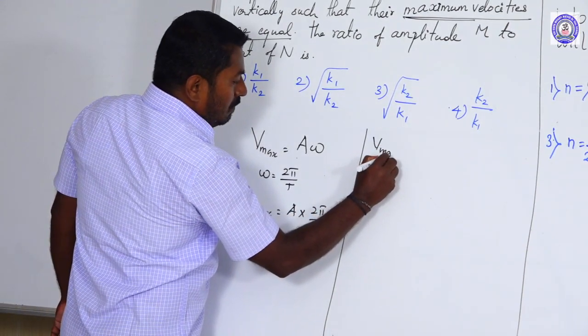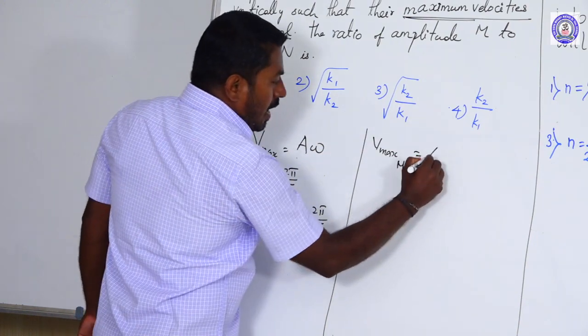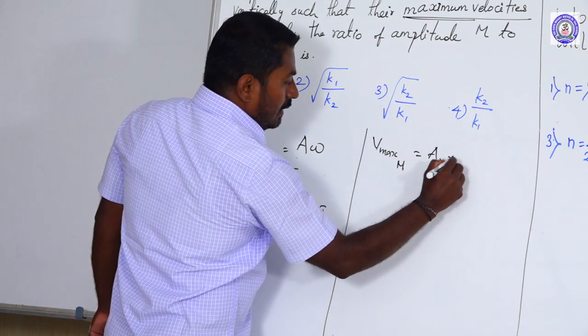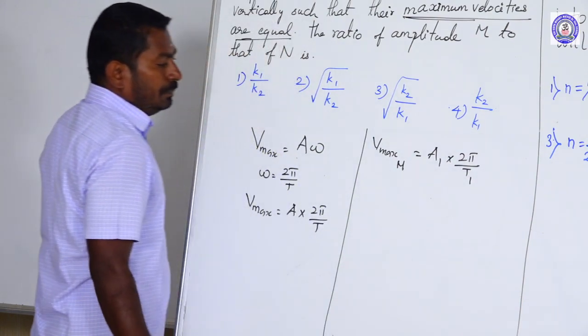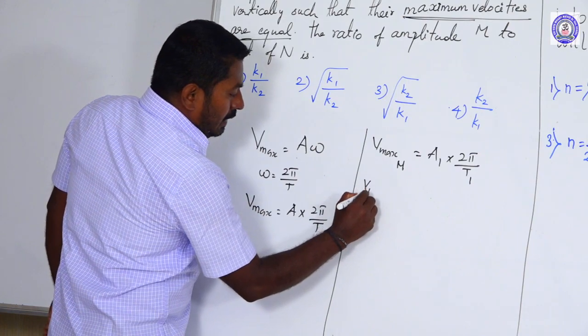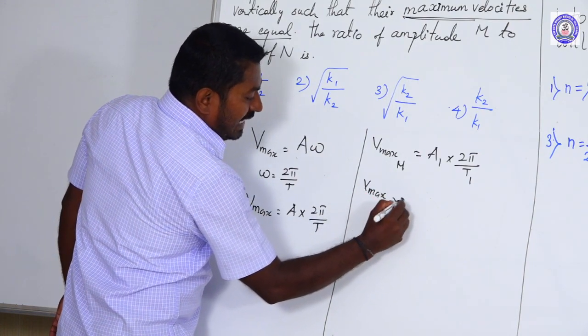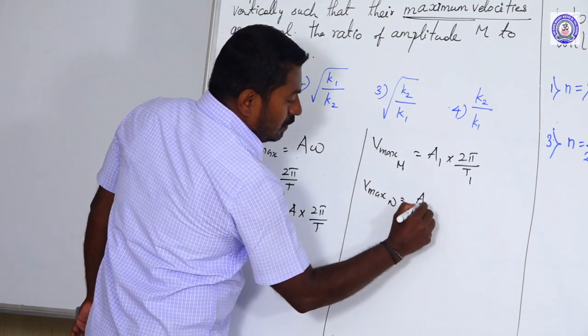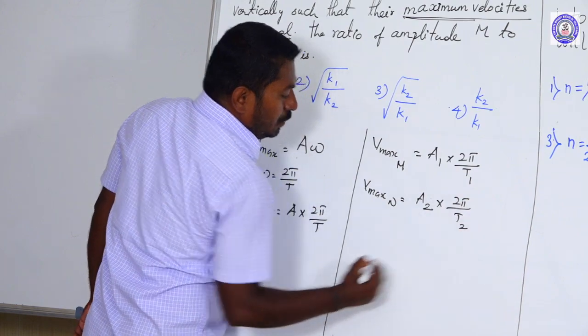V maximum of the first body m is equal to amplitude a1 into 2 pi divided by time period t1. V maximum of the second body n is equal to a2 into 2 pi divided by time period t2.